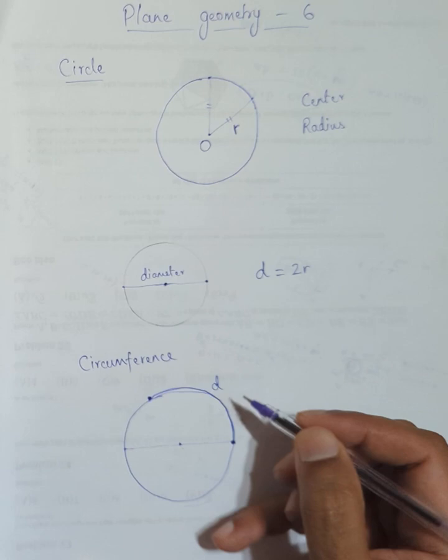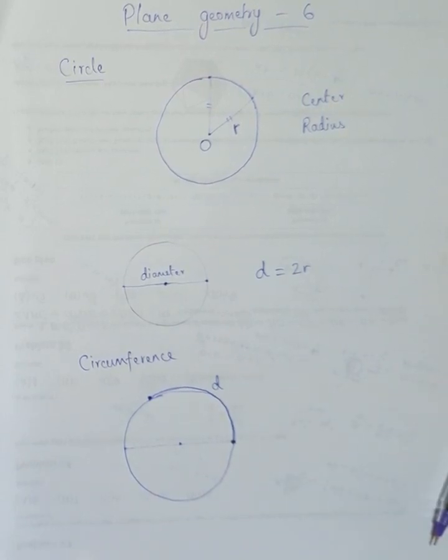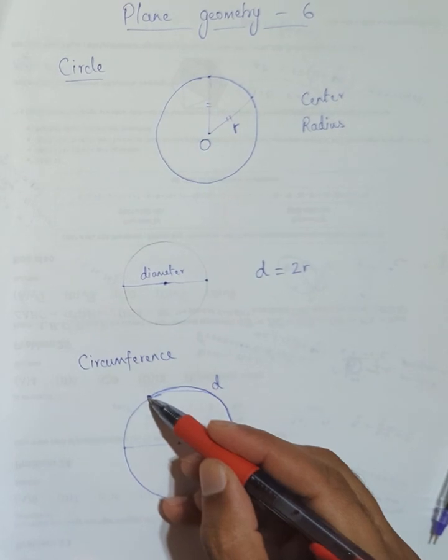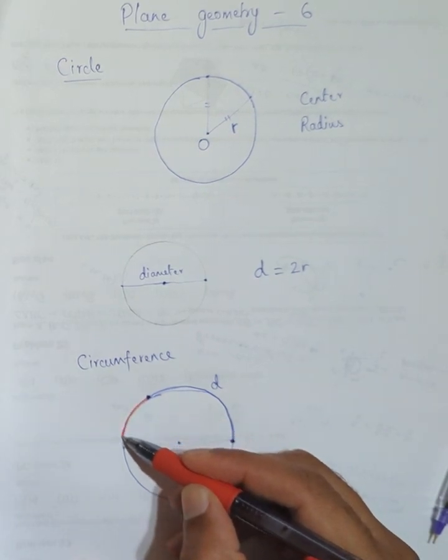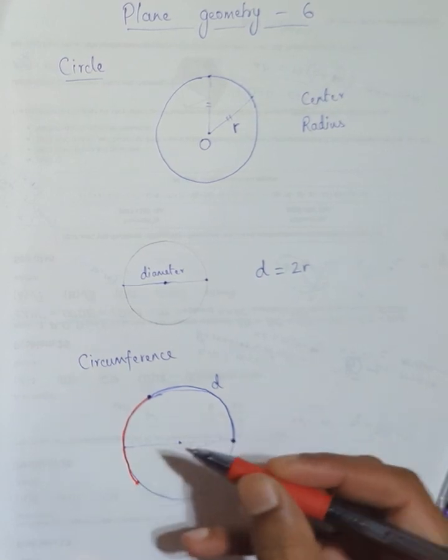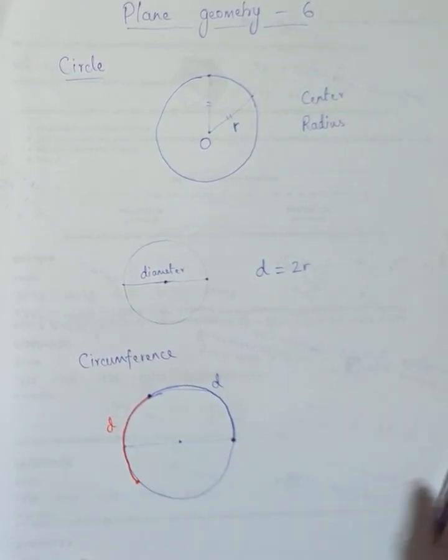So this is one diameter, and if I try to wrap it again, then second time I may be able to cover some more circle, but it still won't be enough. So that's the second diameter.